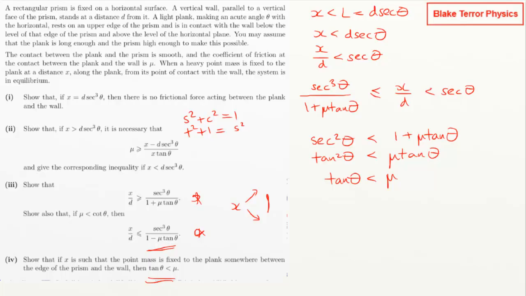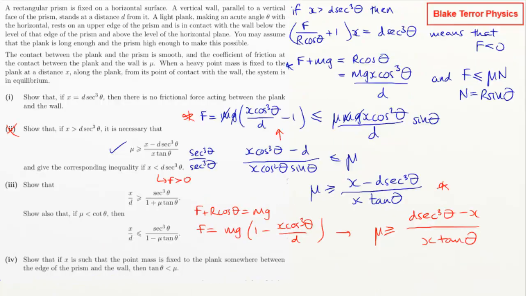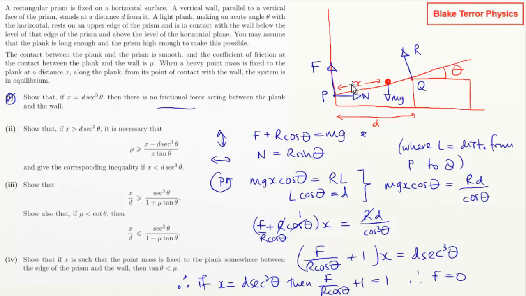Well, that was quite a nice question. Maybe not the most, I don't know, you end up getting a little bit into the weeds in all the algebra without necessarily thinking in great depth about the implications of all of these things. Although I suppose, to be fair, I did talk about it a little bit at the beginning, of how that friction is going to change direction at some point.